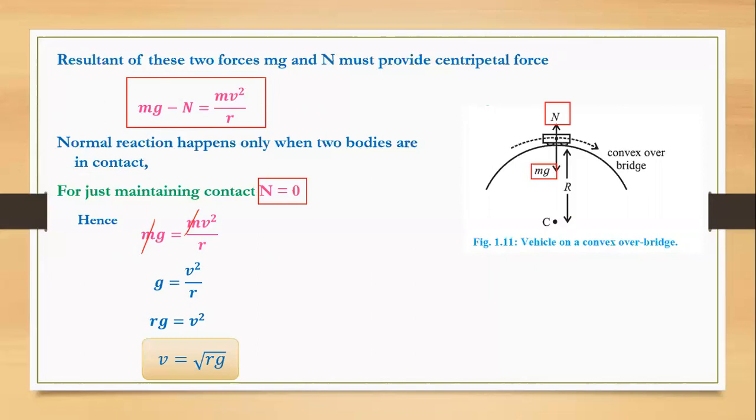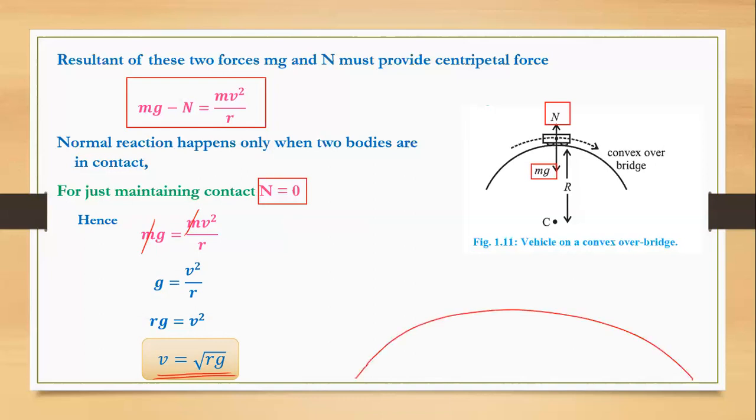So we get here the expression for speed at the topmost position, or speed at the convex over bridge, to maintain contact. A similar dynamics you can apply to speed breakers also. Pay attention when these types of speed breakers are there.